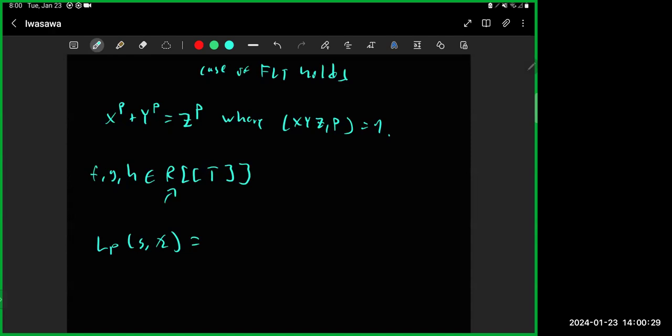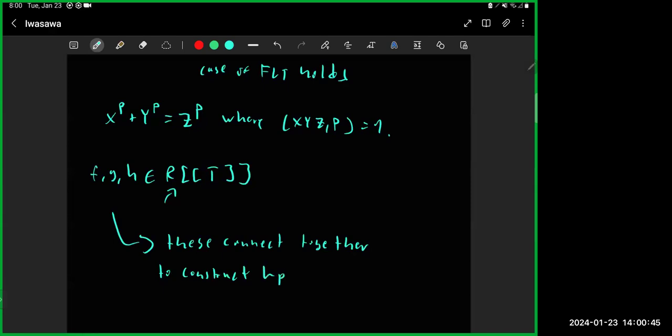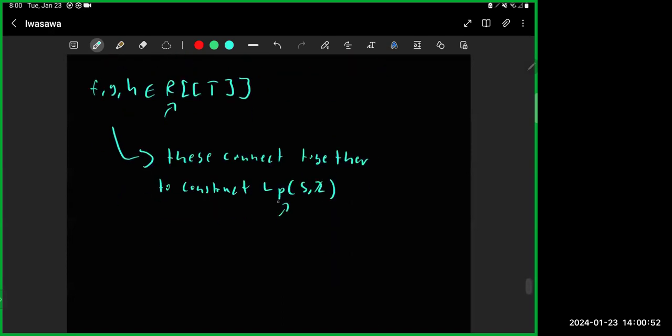I'm not going to write it explicitly, but the idea is these connect together to construct L_p, so L_p(s, chi), this being the p-adic L function.